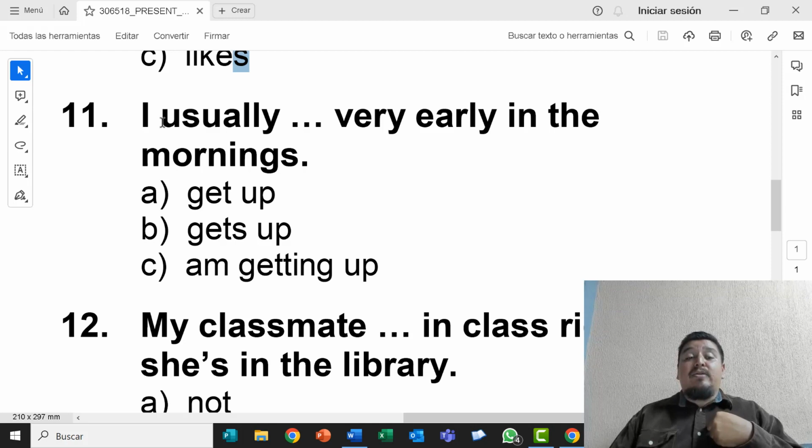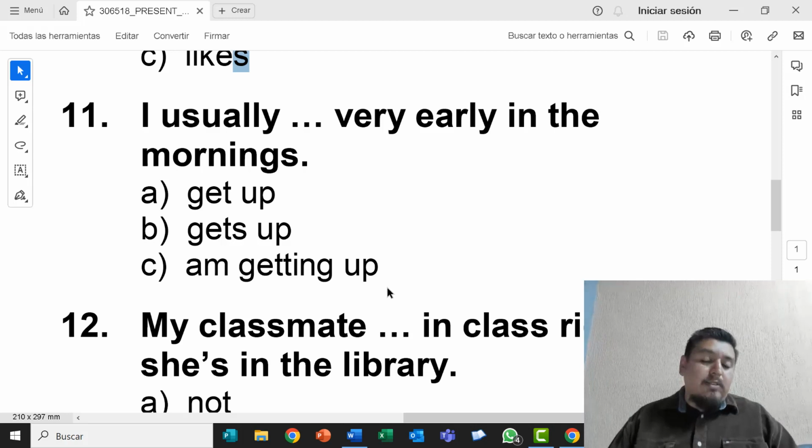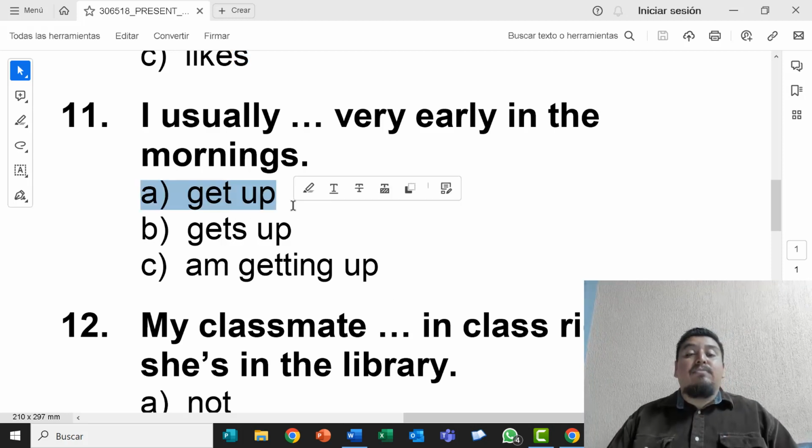No, it's not necessary to use the rule number 1. I am getting up. No, this is the present, but this is the present continuous. And remember, this topic is simple present, okay, or present simple. I get up. That's the correct answer.